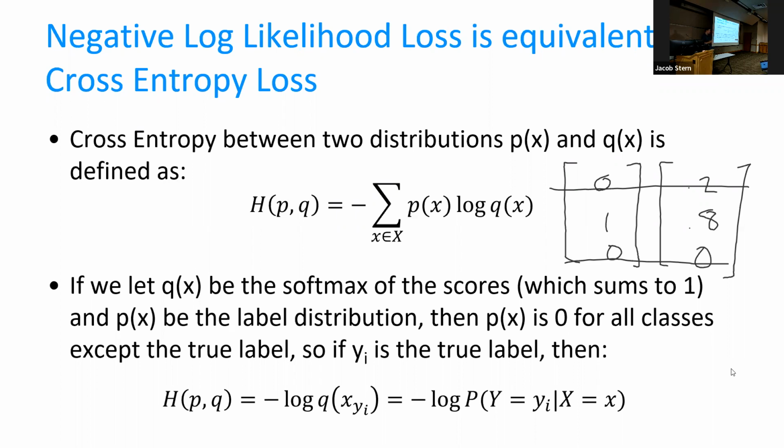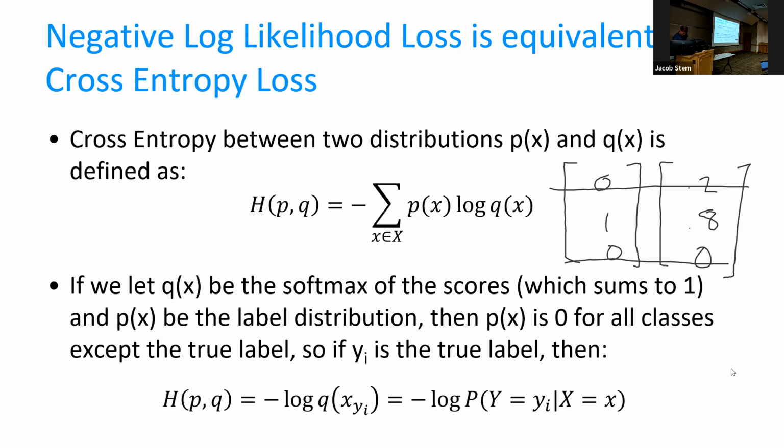Close. So yeah, I'll try to restate that. In the cross entropy loss, the true probability of all classes except the true class is 0. So you're only left with the true class, the probability of the true class being 1. And then all of the other terms in this sum disappear. So that you're only left with the 1 times the log of the predicted probability of the true class.